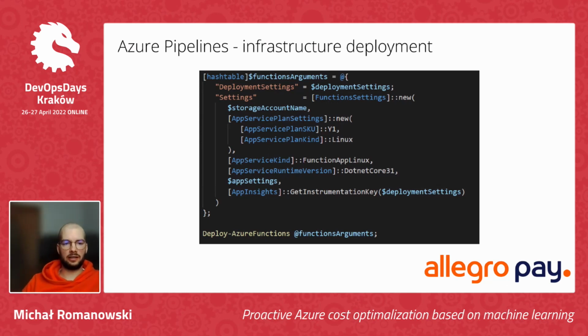For example, we've got the app service plan SKU, the service kind, and the runtime version that is equal to .NET Core. Last but not least, we are calling the DeployAzureFunctions function that is converting this PowerShell class to an ARM template, which is JSON. Then that JSON is deployed to an environment.